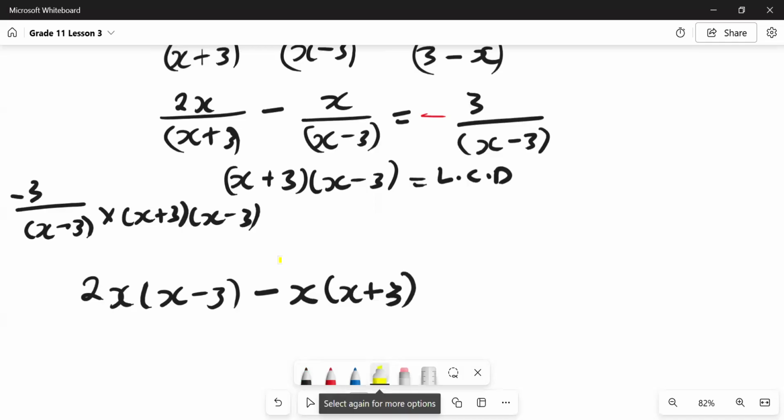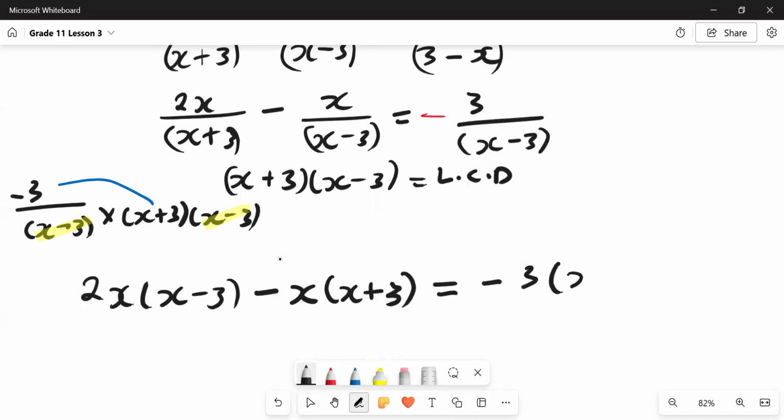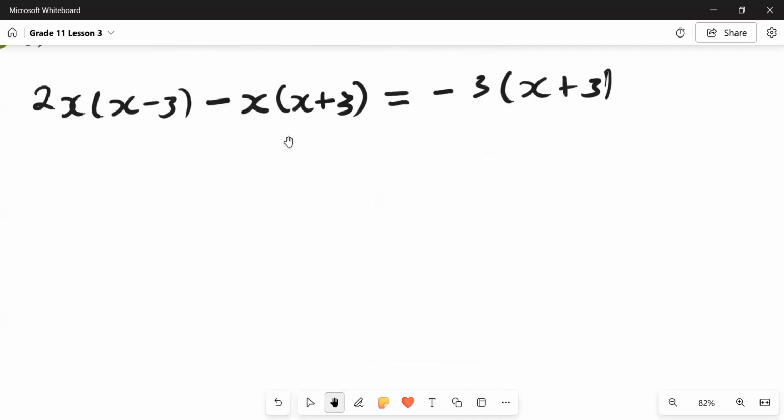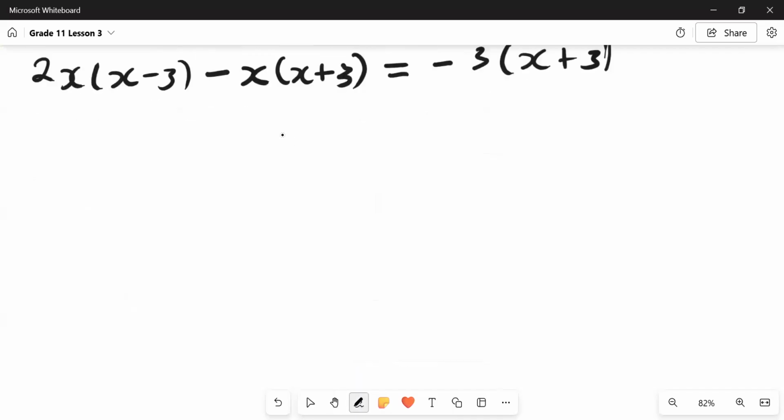So we cancel, now multiply these two. So you'll end up with minus 3 and then x plus 3. Then we're done with that part, right? So we're left with the final step here. So what do we do here? Get rid of the brackets using distribution law. That's all we have to do.